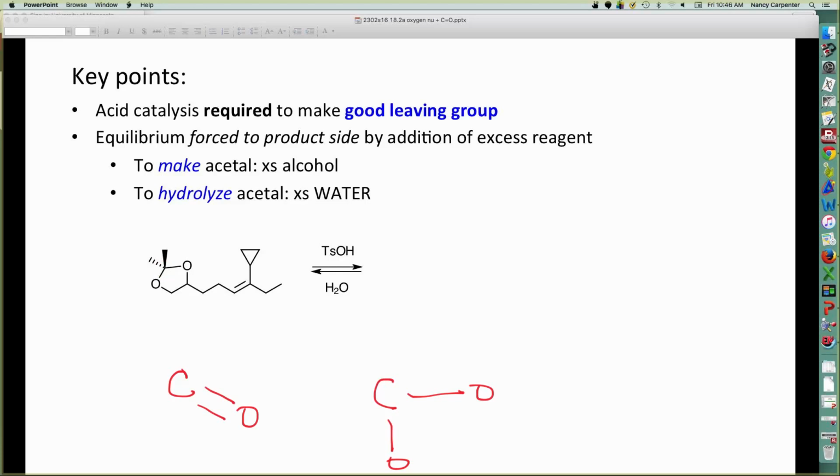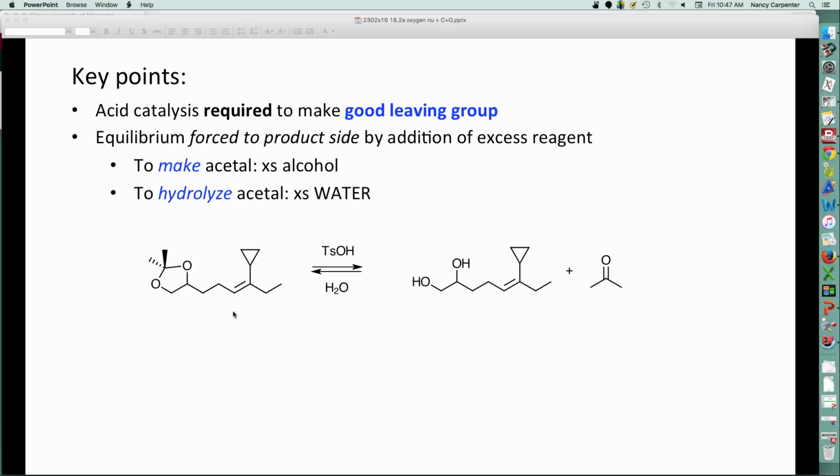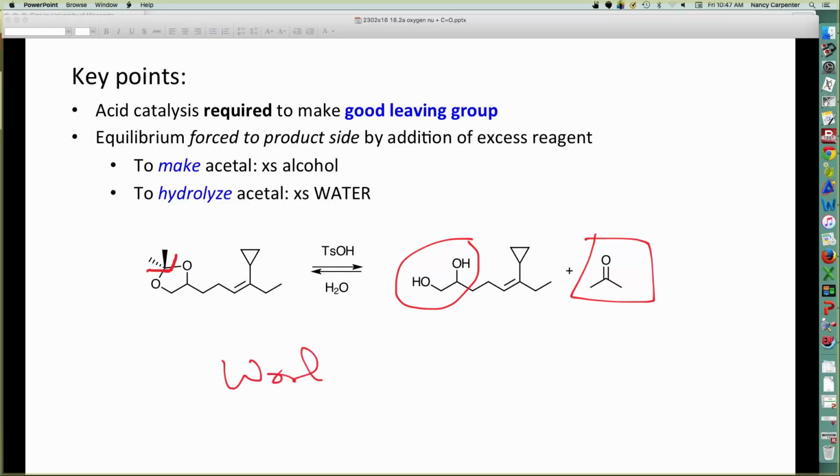My alcohol is right here, that diol. So, by addition of a large amount of water and a catalytic amount of acid, I can hydrolyze that ketal to give me the ketone and the alcohol. And you should work through the mechanism to convince yourself of that fact.